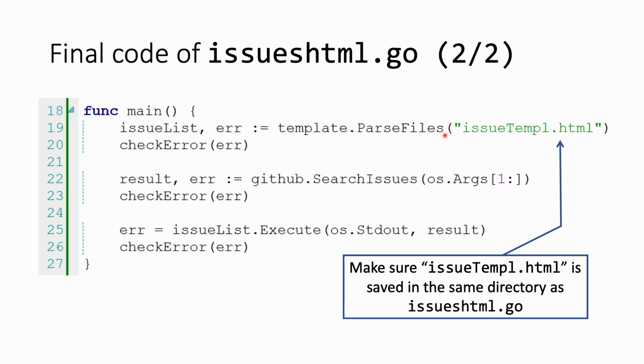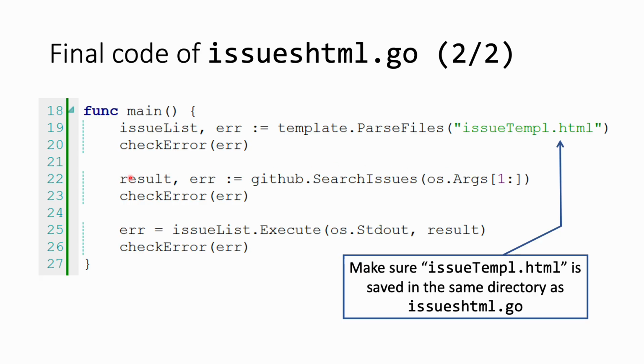And the ParseFiles function also returns a template object, actually a pointer to the template object, and an error object as in the other version.